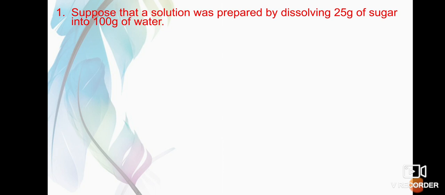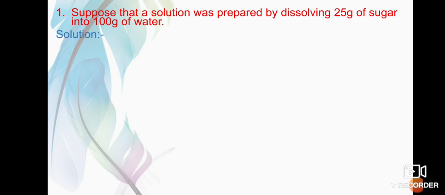Suppose that a solution was prepared by dissolving 25 grams of sugar in 100 grams of water. Here we are making a solution by taking 25 grams of sugar and 100 grams of water. Now we have to calculate the concentration of this solution.